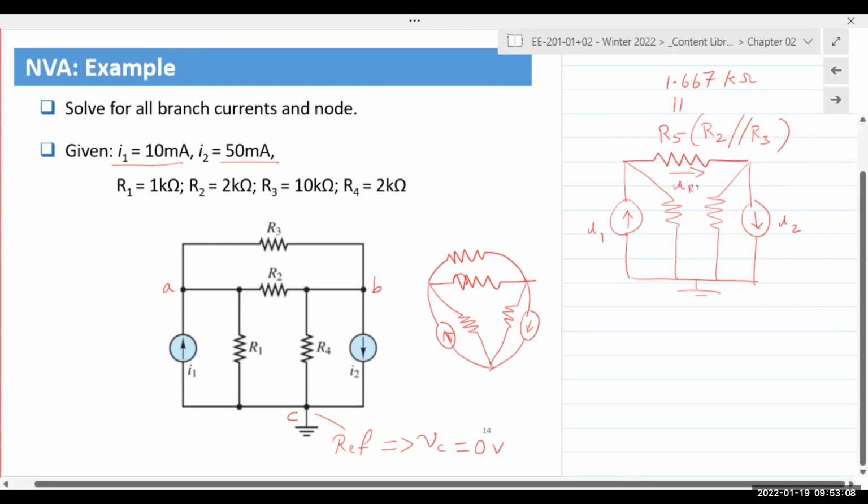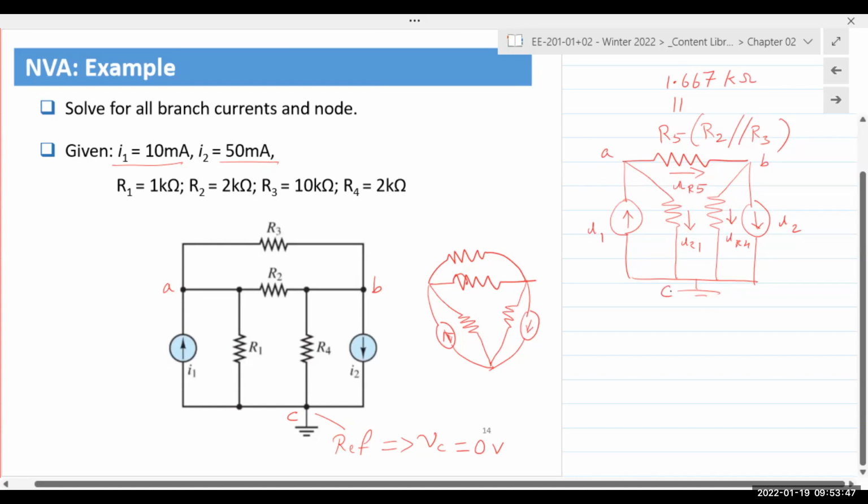So I'm going to label it as IR5. Then for IR1, I will choose going down. And for IR4, let's choose going down. Again, it does not actually matter what we choose.